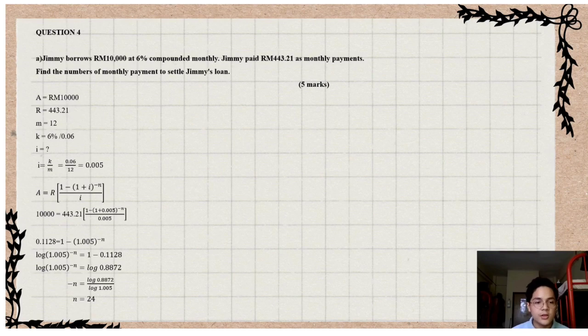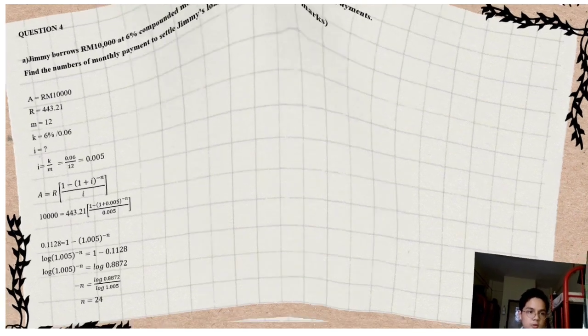After that, negative n equals log 0.8872 over log 1.005. You will get 24 as the value of n.